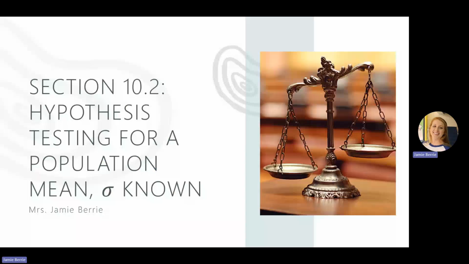All right, so we're looking at section 10.2, which is called hypothesis testing for a population mean when sigma is known. A couple things to take note of here. I would say that this is the easiest type of hypothesis test to conduct.